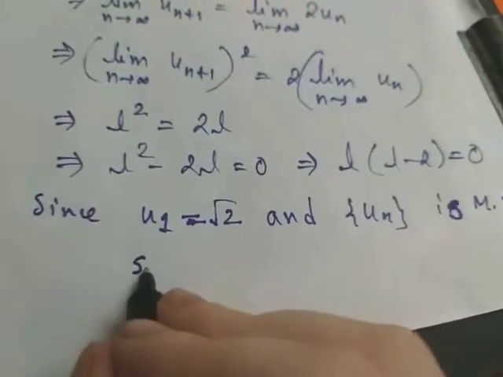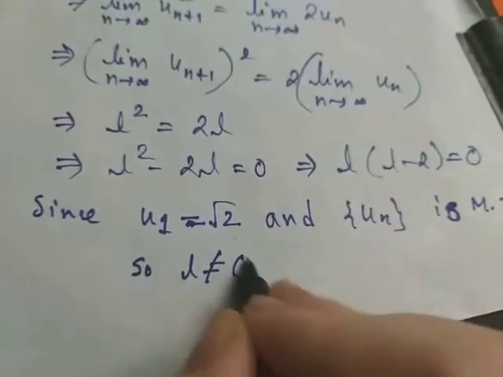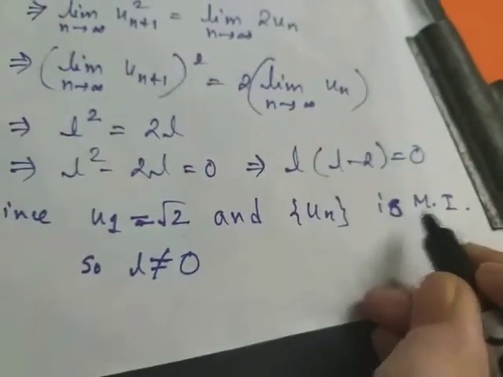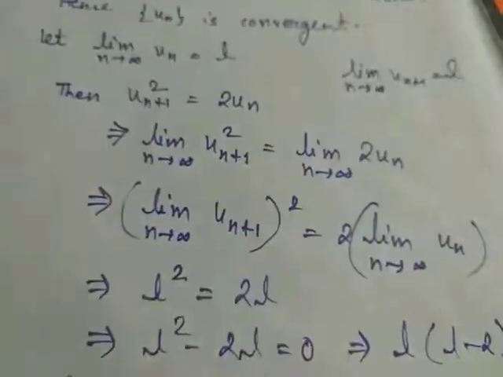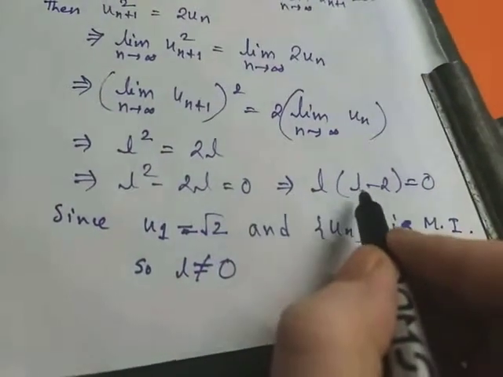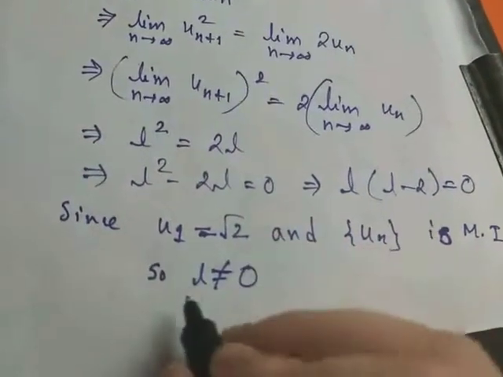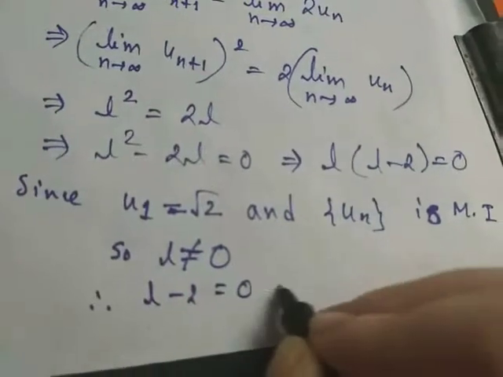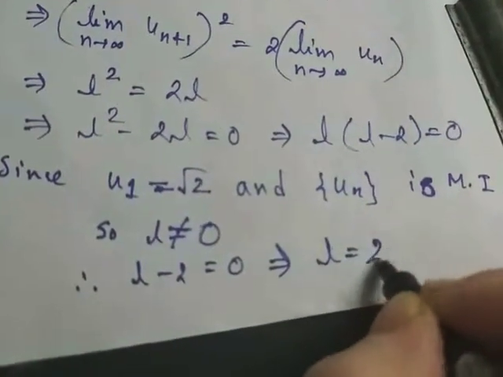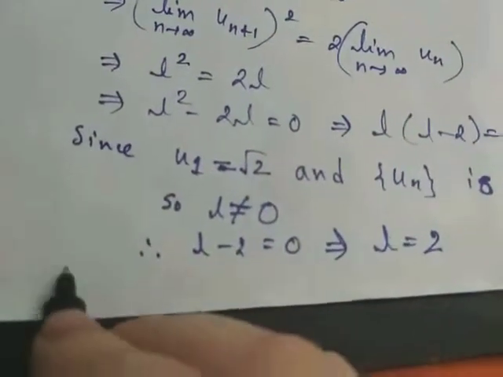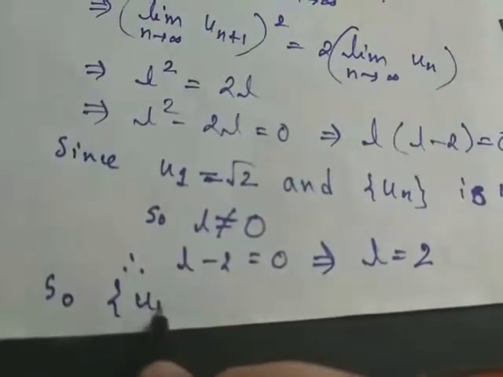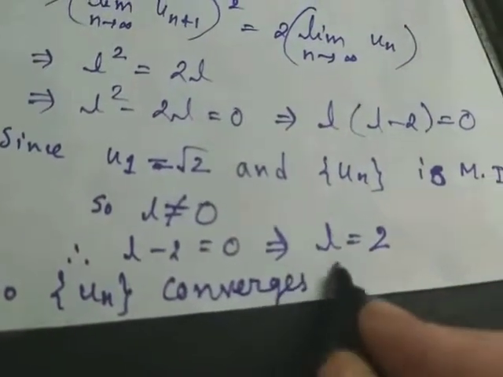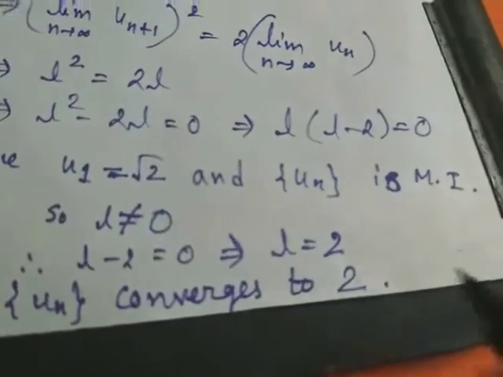That means L does not equal 0, because u1, the first element, is root 2 and the sequence un is monotonically increasing. So we are left with L minus 2 equals 0, which implies L equals 2. So the sequence un converges to 2. Proved.